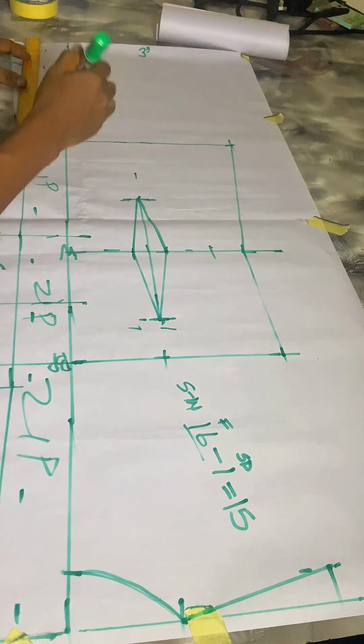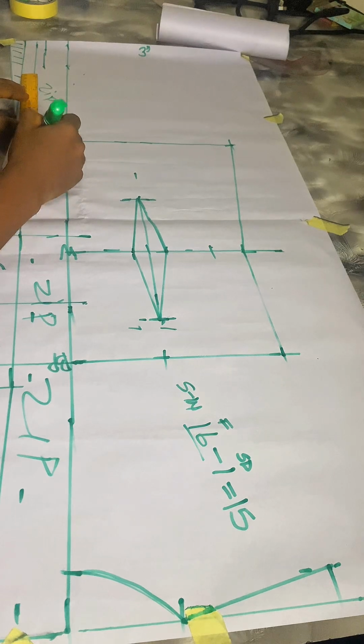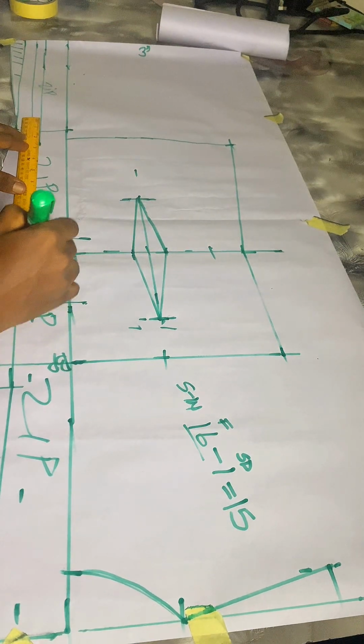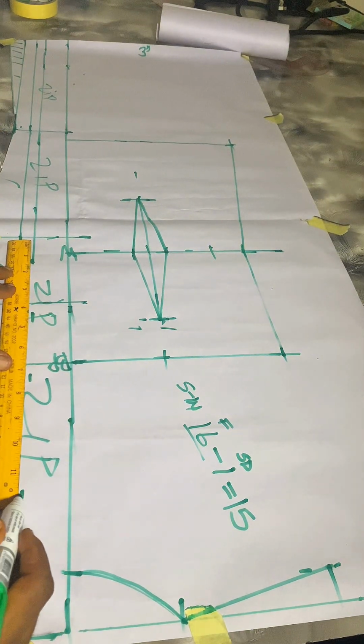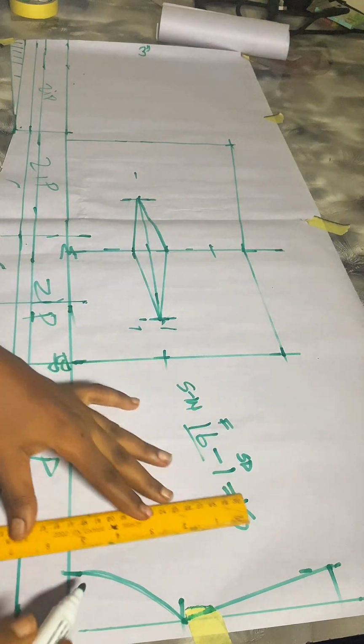I'm using 1.5 for the zip allowance. 1.5 for the zip allowance.